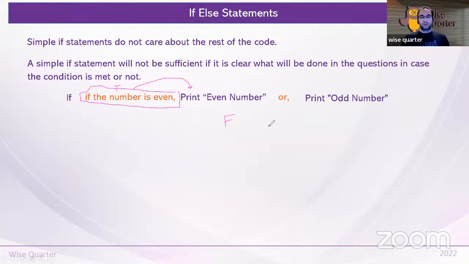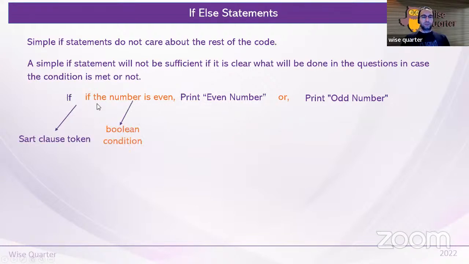There are only two options here. The number can be an even number or an odd number. If the number modulus 2 equals 0, it will print even number. If it is false, if it is not equal to 0, it will print odd number.